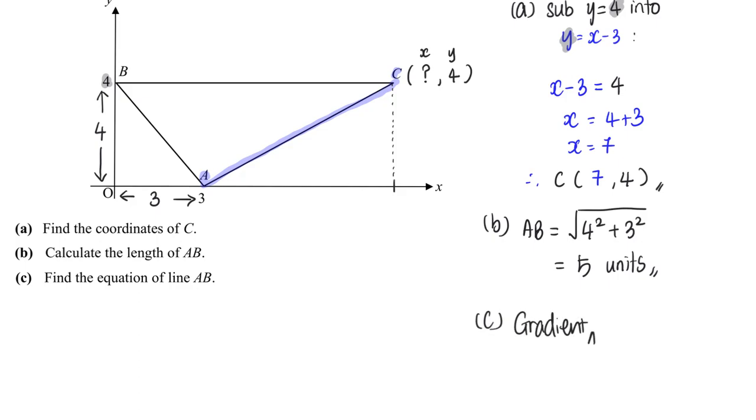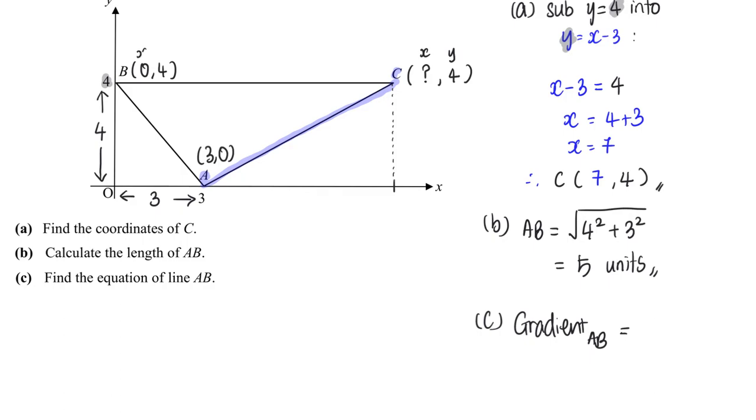So the gradient of AB would be equal to, well, point A, if I could tap and write down the coordinates, x is 3, y is 0, B is x is 0, y is 4.